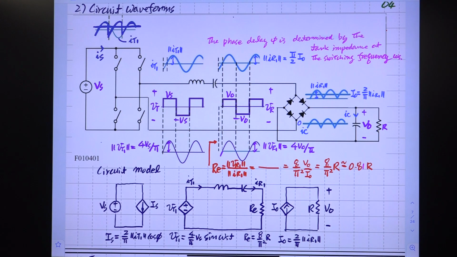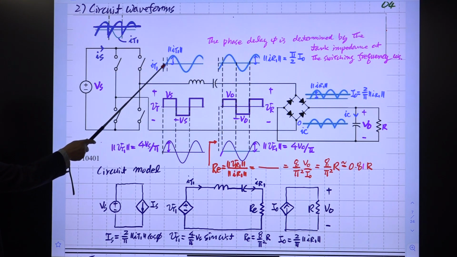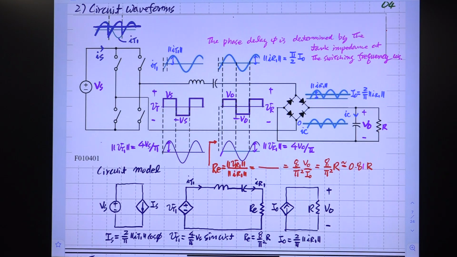Okay, let me repeat this. So this is the tank. This is the switch network, and VS is converted to these pulse waveforms, right? And this fundamental component. So there will be some phase delay here because we are above the resonant frequency for the GCS switching. Okay, then you have some phase delay, maybe pi, right?